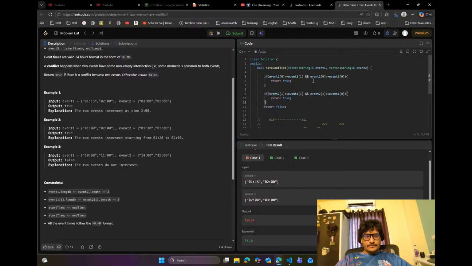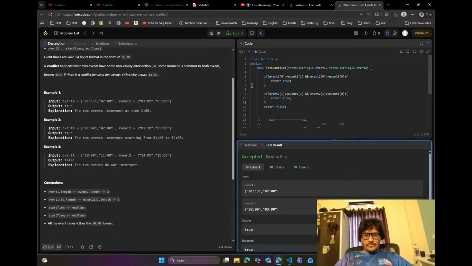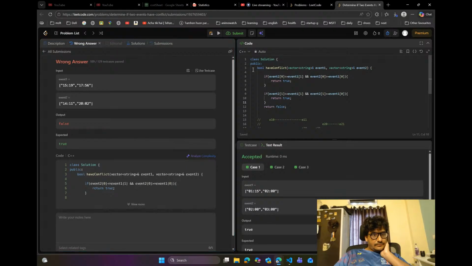Then they should do it. Event 20, is it less than this particular time?